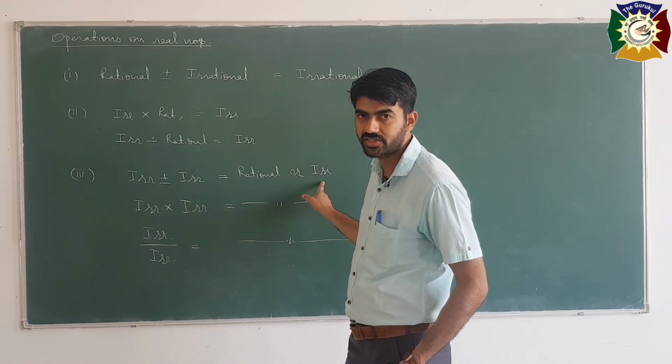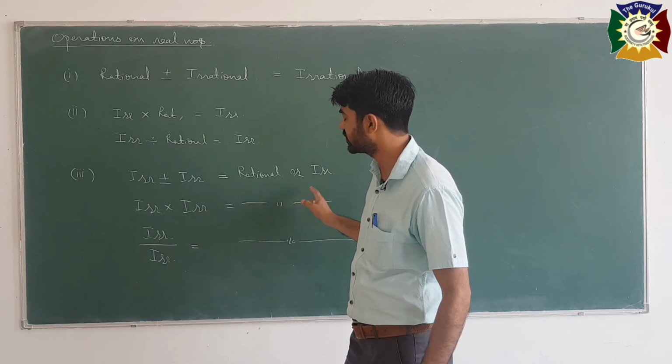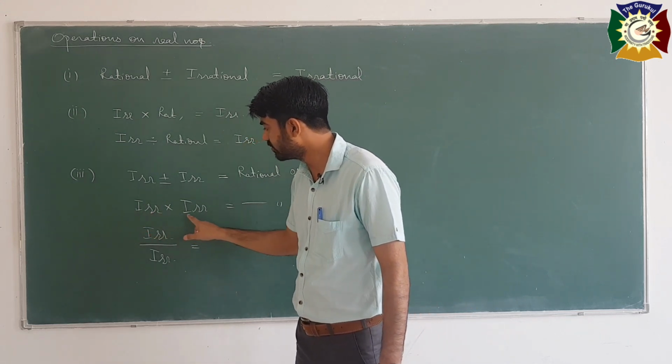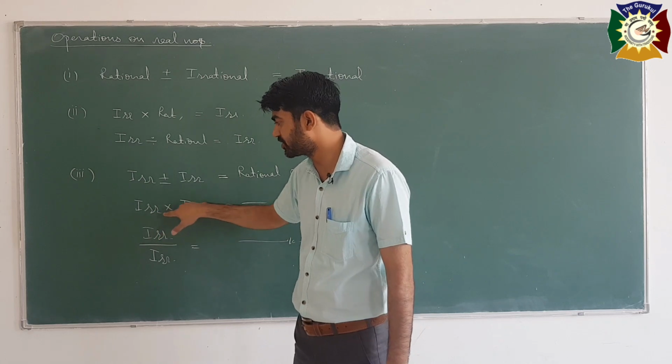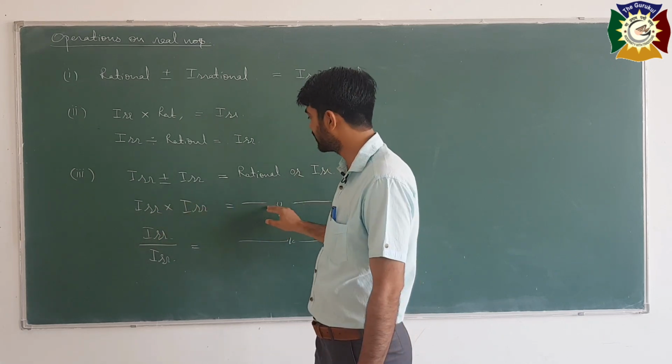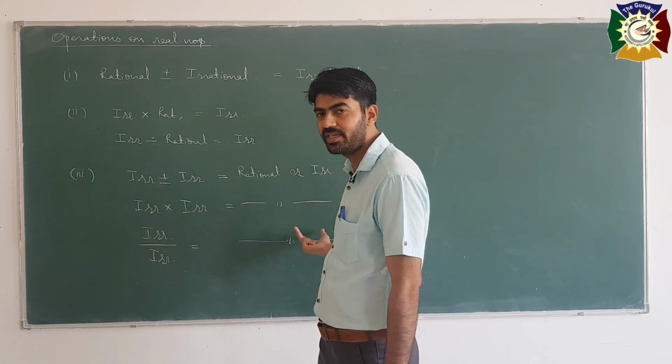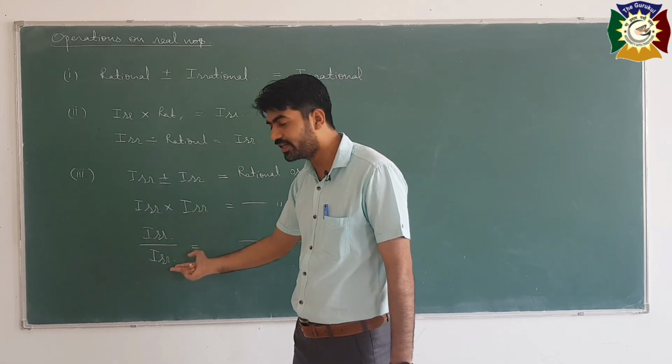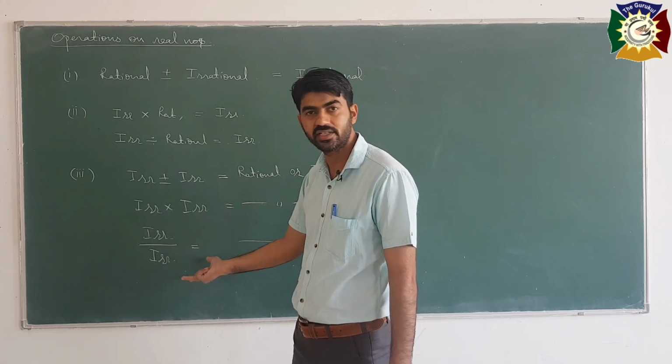Sometimes we get irrational and sometimes we get rational. Irrational multiplied by irrational, again two irrationals, the answer is not fixed; it may be rational, it may be irrational. Irrational divided by irrational, again the answer is not fixed.